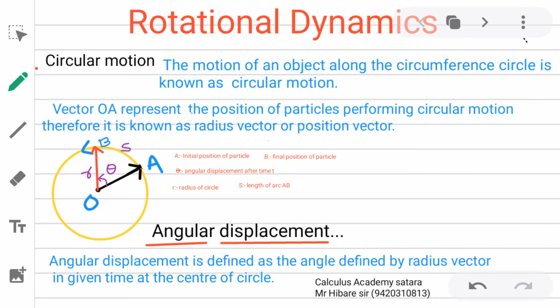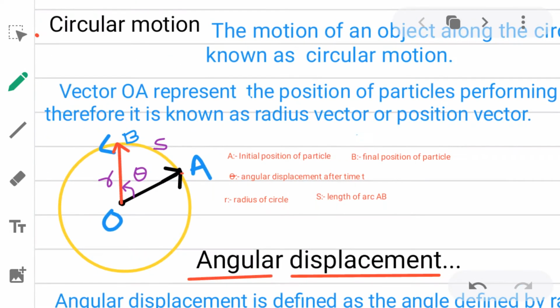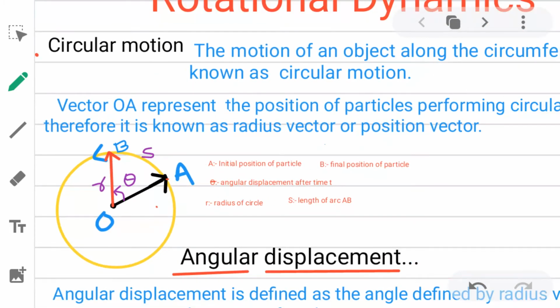Angular displacement is defined as the angle traced by the radius vector at the center of the circle.